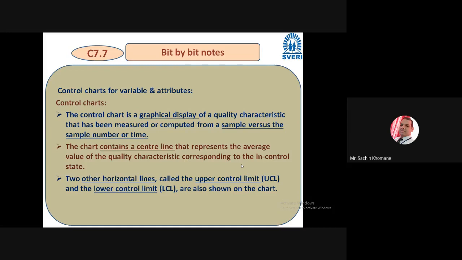All of us understood that a control chart is a graphical representation of samples versus sample number or time. It is a 2D graph. On the x-axis there will be a sample number or time, and on the y-axis there will be a sample quantity or amount.